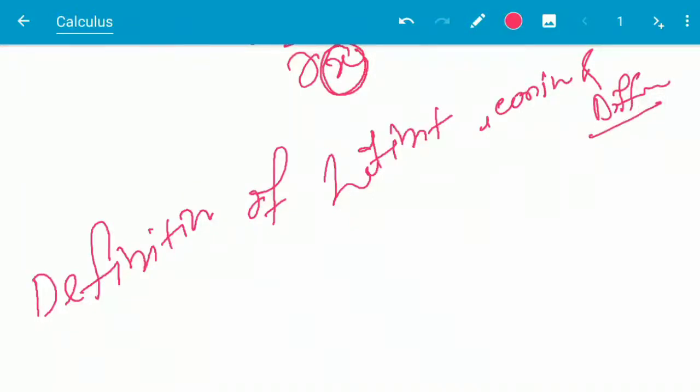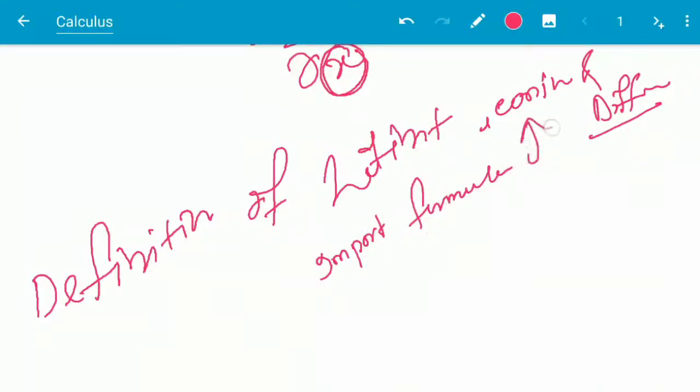This is the first point. Then we have to remember important formulas regarding these three: limit formulas, differential formulas and integral formulas.